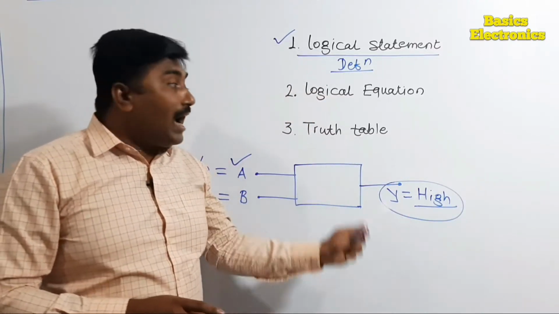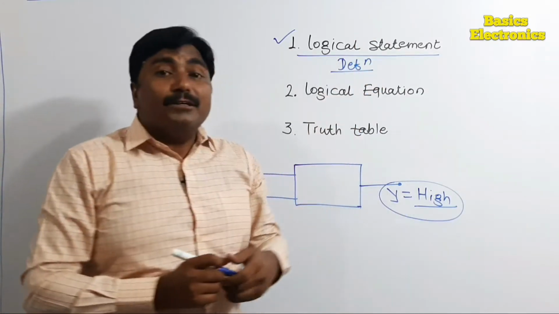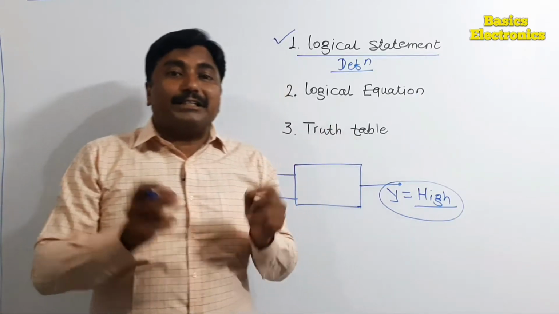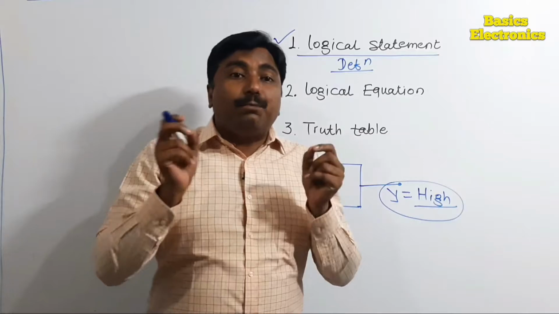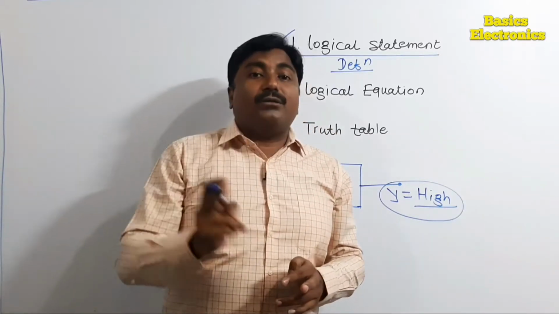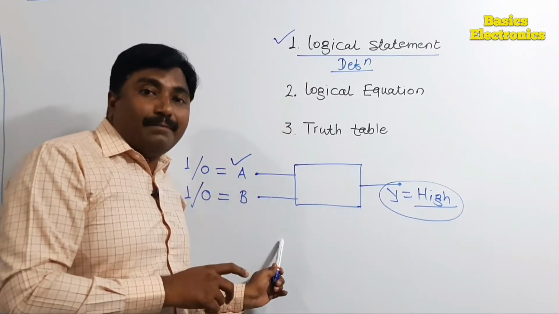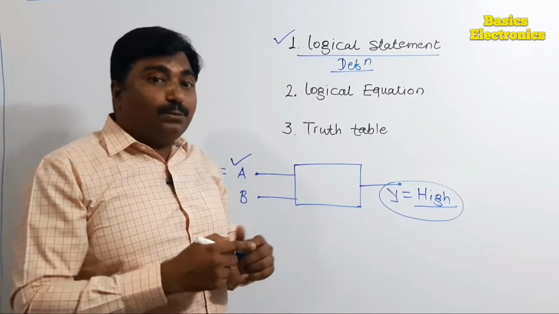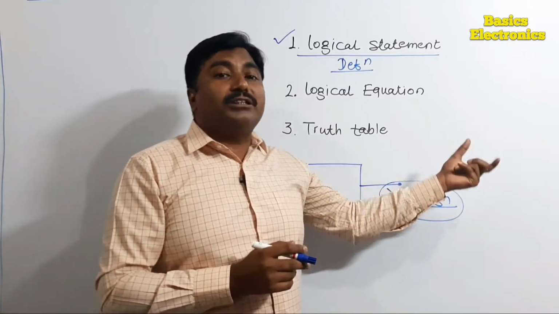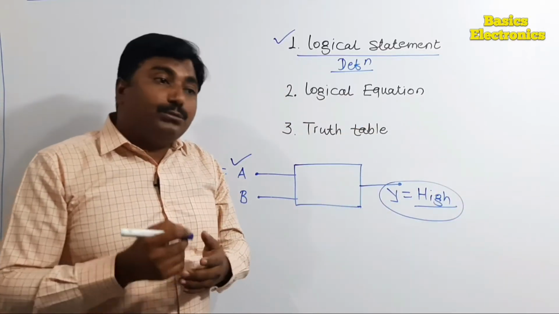So the logical statement of a logic gate provides us the condition to get the high or the low output according to the applied inputs. Later on it will be very clear to you when we see the logical statements of all of the gates which we are going to learn.